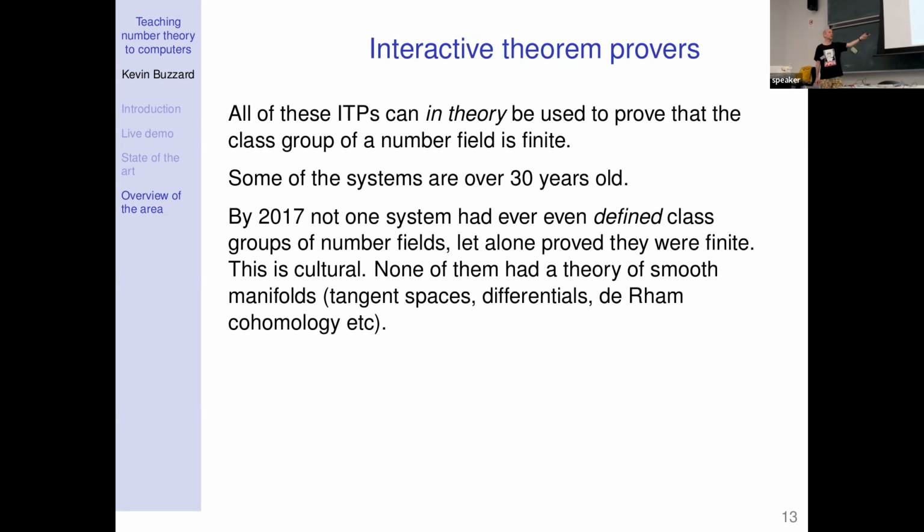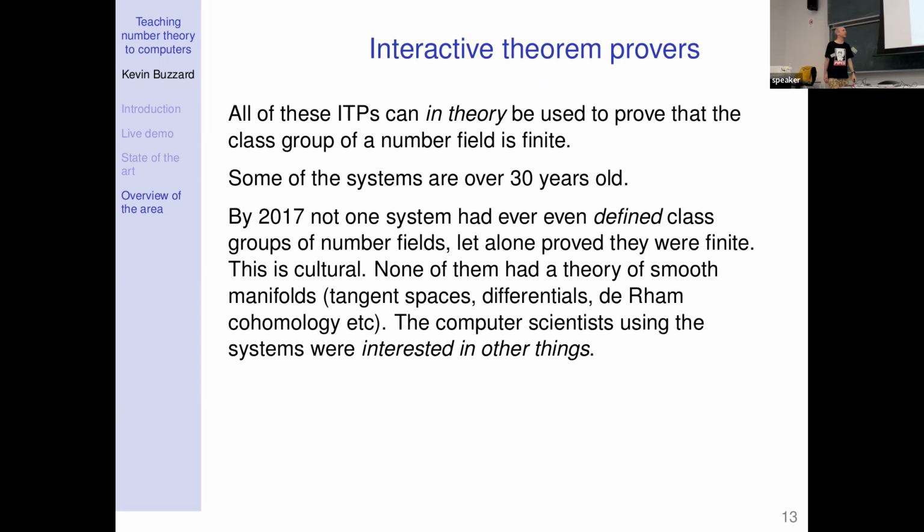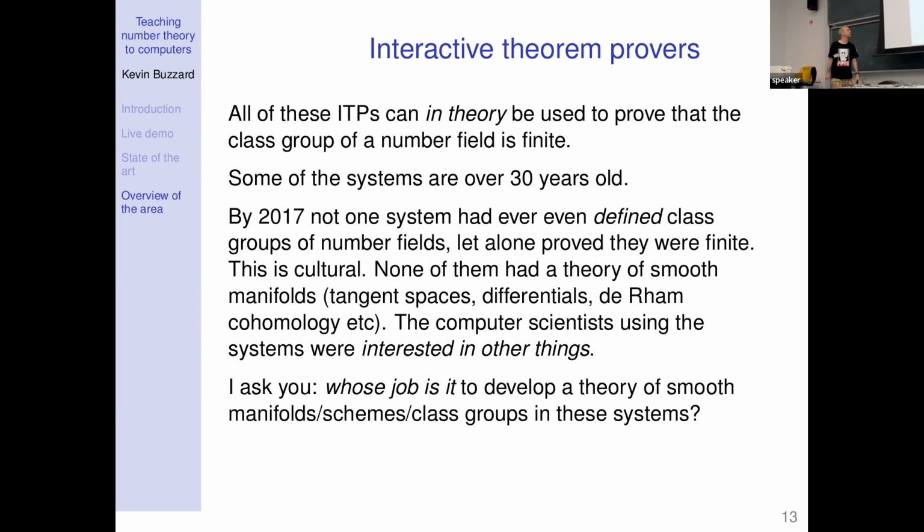Another example: I learned as an undergraduate about the theory of smooth manifolds, but no computer scientist would touch this. Smooth manifolds are really complicated objects. Making them in theorem provers is really hard work. So the computer scientists were interested in other things. They were verifying that a C++ compiler was correct or something like this.